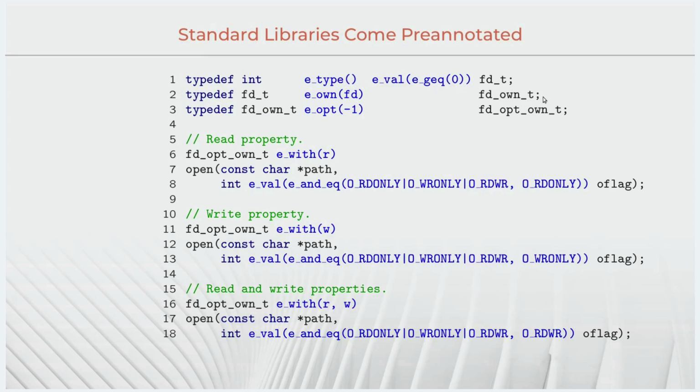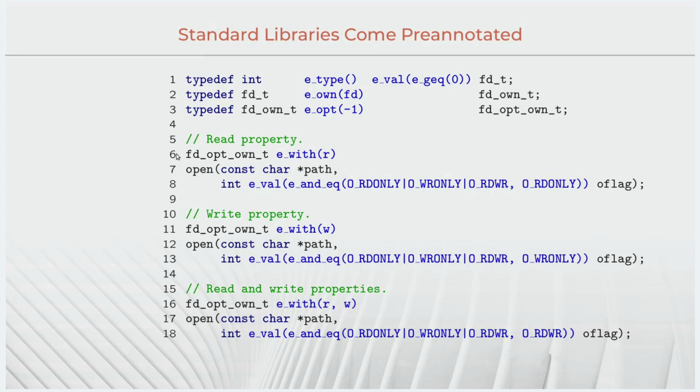And fd_own_t is like a file descriptor, but it has ownership of the file description that is referred to by the file descriptor. An fd_own_t also has the possibility of being -1. Why? Because, as we said, open may return -1 in case of error.